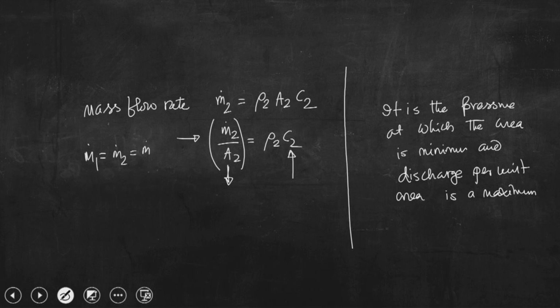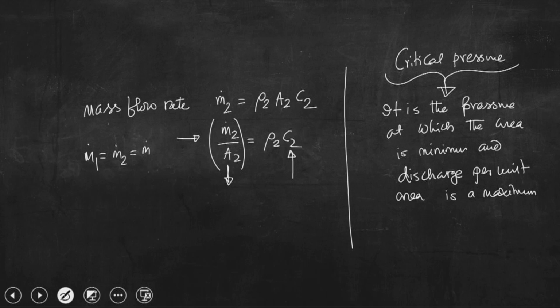So, critical pressure is the pressure at which area is minimum and discharge per unit area is maximum.